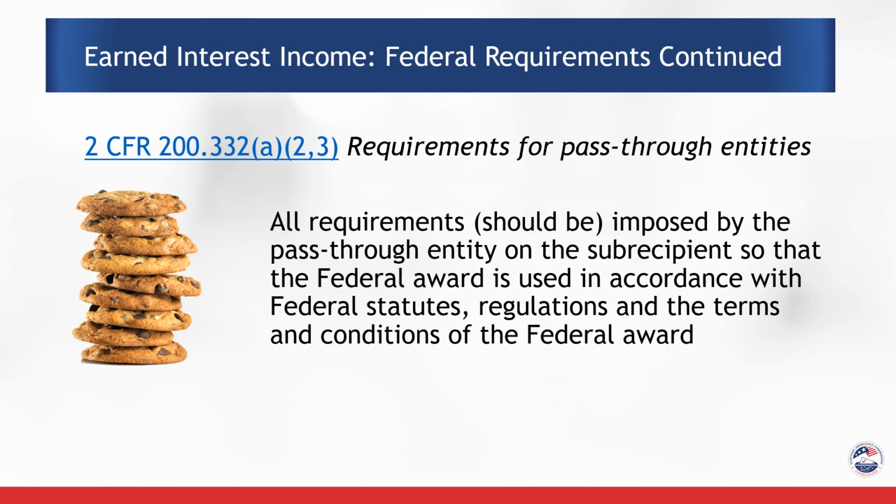And anytime you have requirements that are imposed by the federal government, you must pass those through onto the subrecipient so that the federal monies are used in accordance with all the federal regulations, statutes, and terms and conditions of the HAVA award. So just be mindful, if you provide reimbursement or funding to your local jurisdictions, they have to abide by the same federal rules and regulations because those are federal dollars.